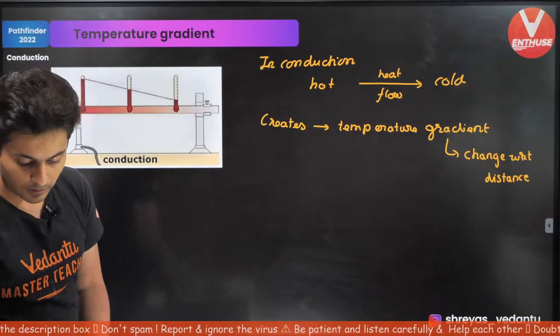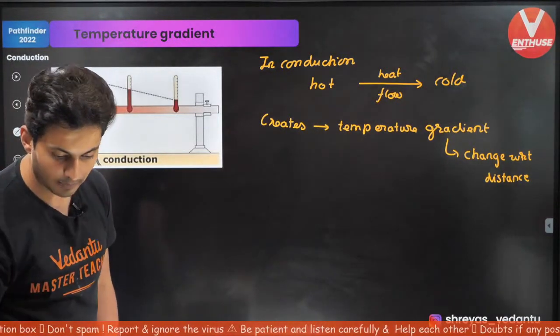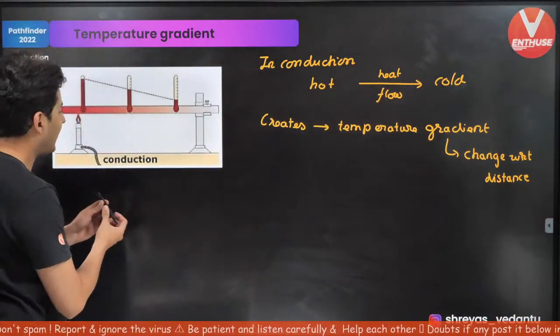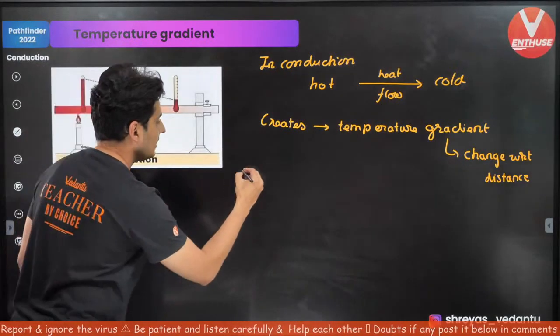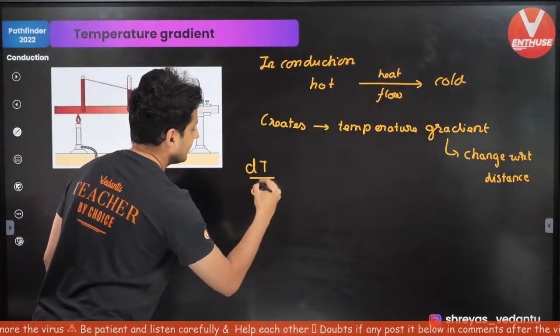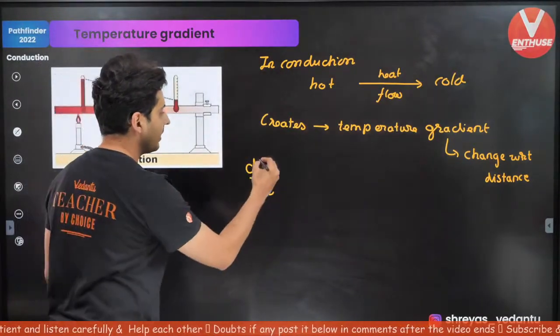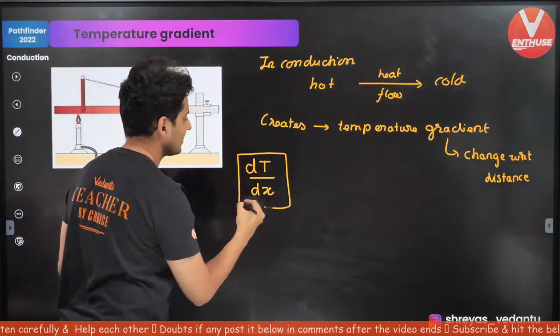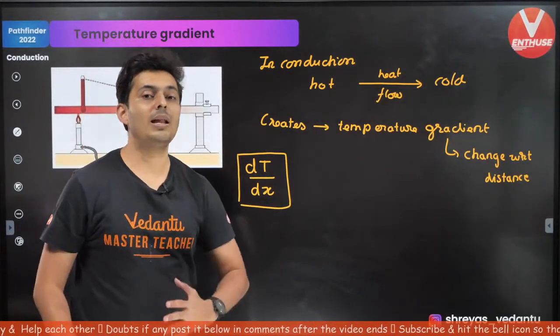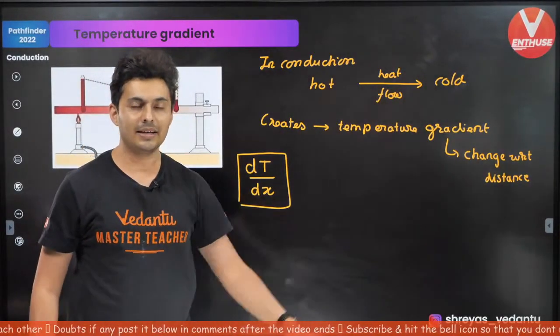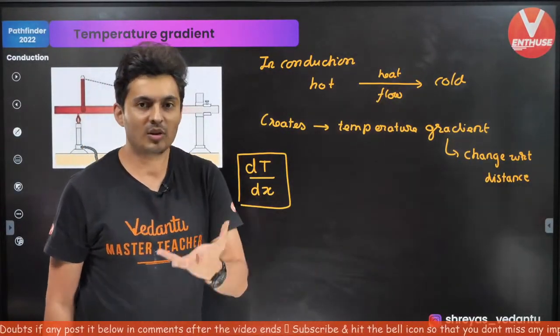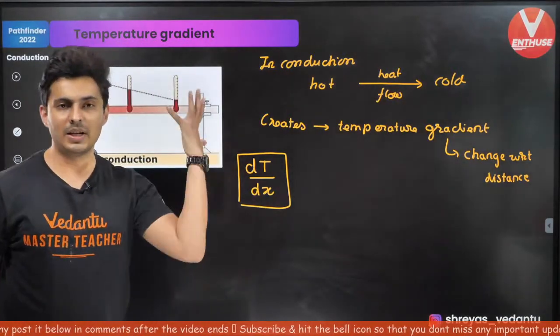So temperature gradient is nothing but dT by dx. If you remember, in viscosity we had velocity gradient, dv by dx. So dv by dx was velocity gradient, dT by dx is temperature gradient.